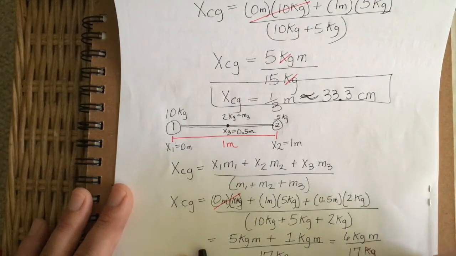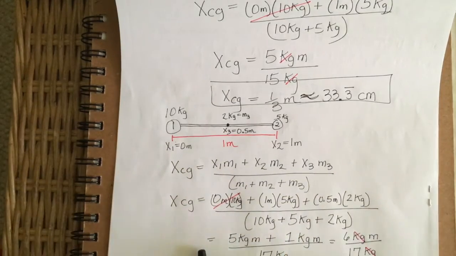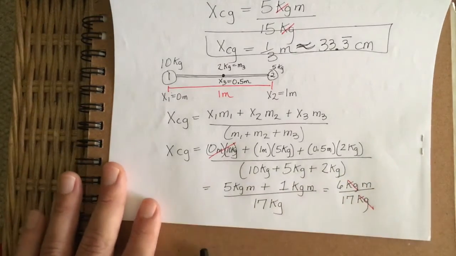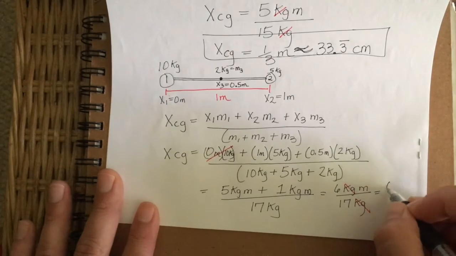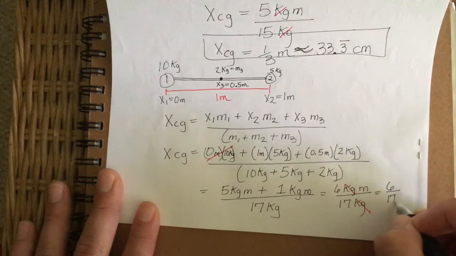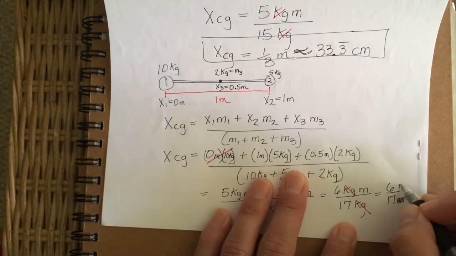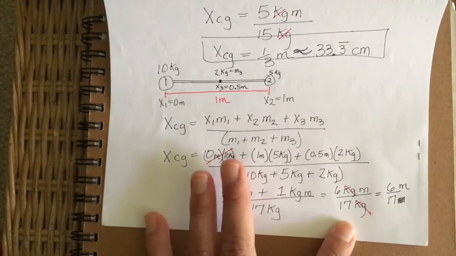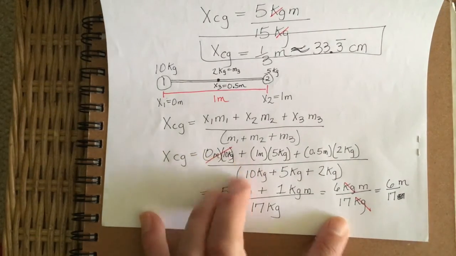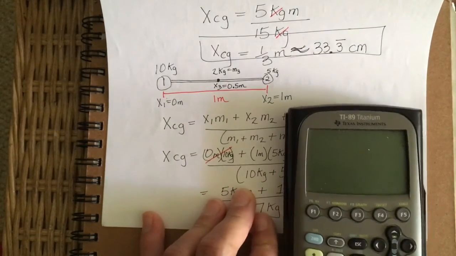Cancel the kilograms away, and we're left with 6 over 17 meters. And what is 6 divided by 17?